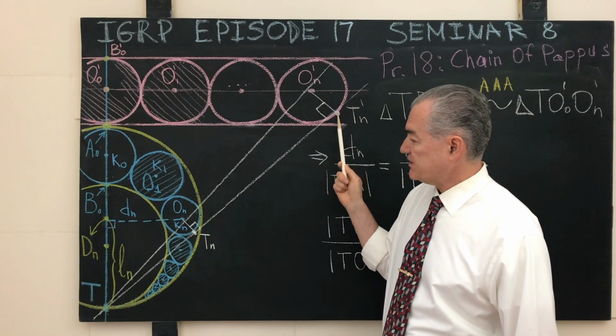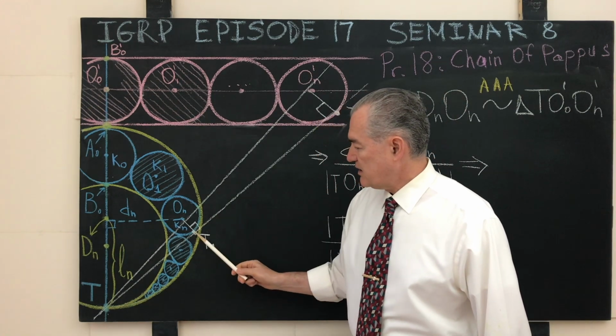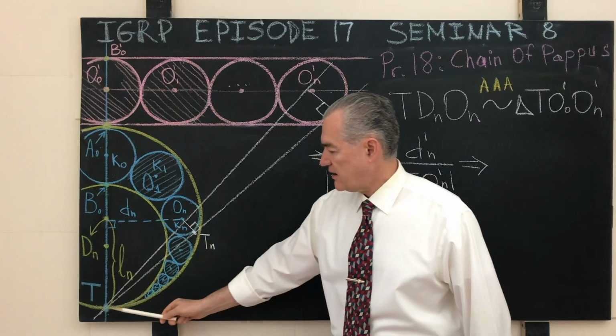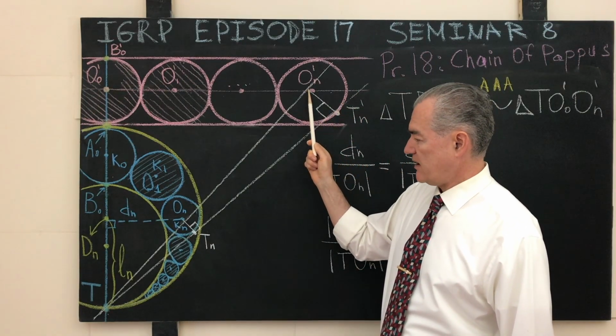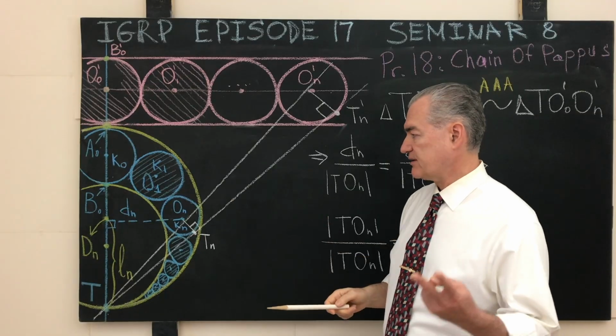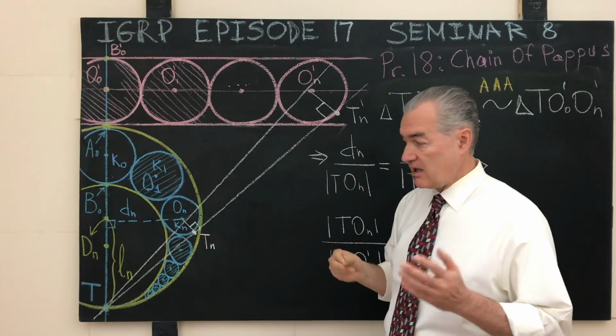So this is another pair of right triangles, T T_n O_n and T T'_n O'_n. Once we have these two pairs of right triangles figured out and locked in, game over.